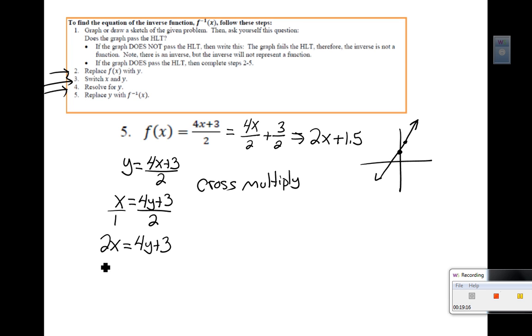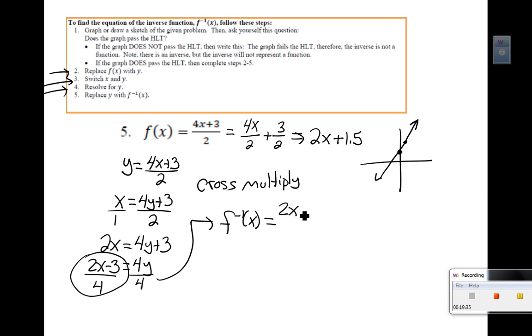So I'm going to minus 3. And then I'm going to divide by 4. So my answer, f inverse of x, is 2x minus 3 over 4, or if you want to split it up, 2x over 4 minus 3 over 4. And I can call 2x over 4 x over 2.